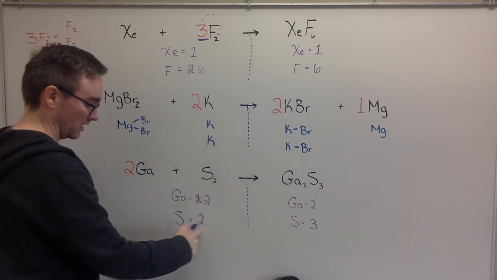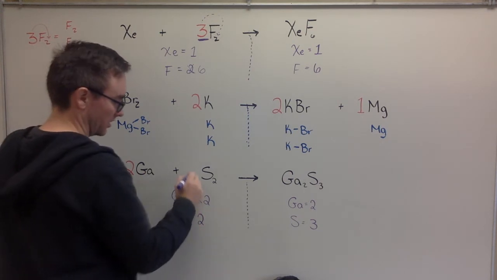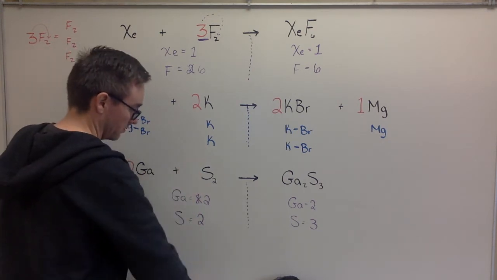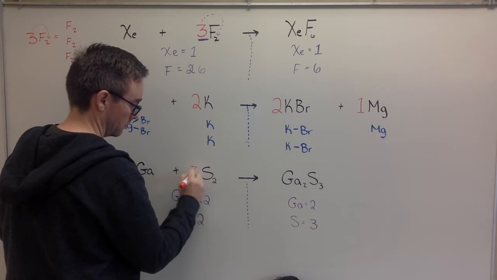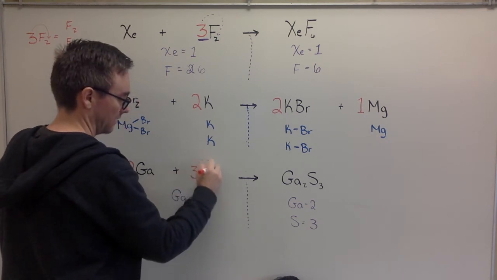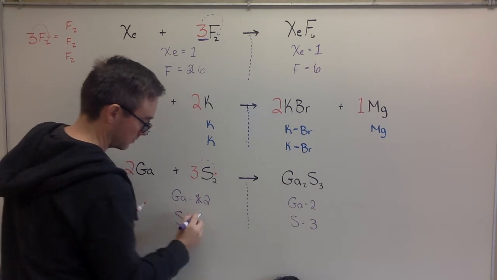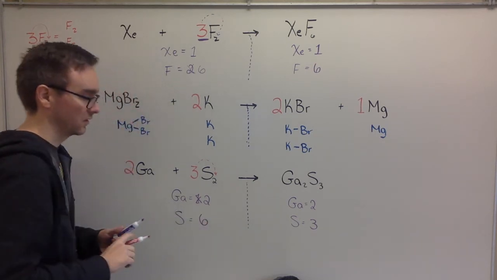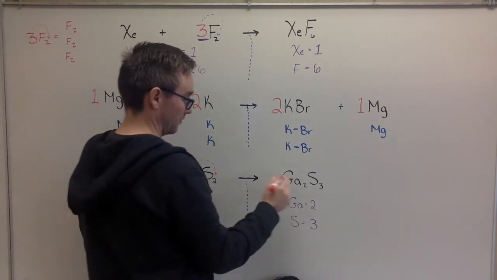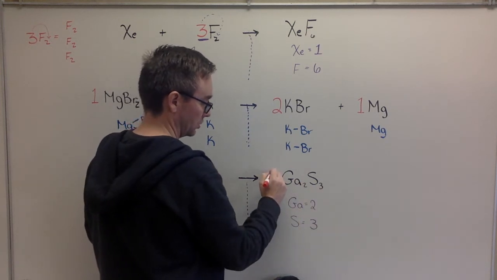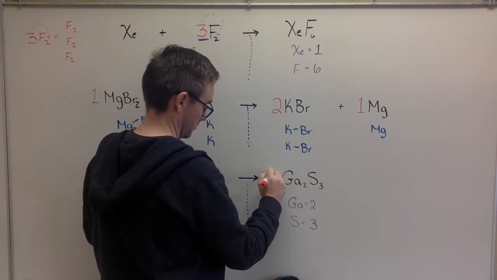So if I could turn this into a 6, all right, if I put a 3 here, 3 times 2 is 6, right? And that means I need to put a 2 here.